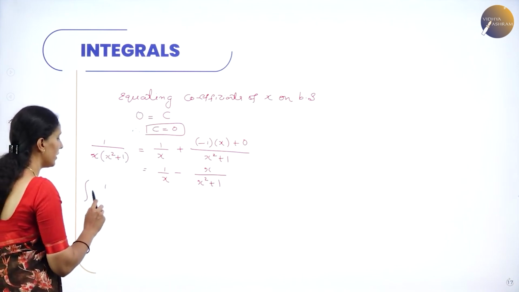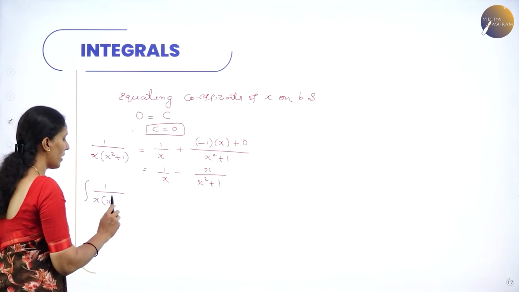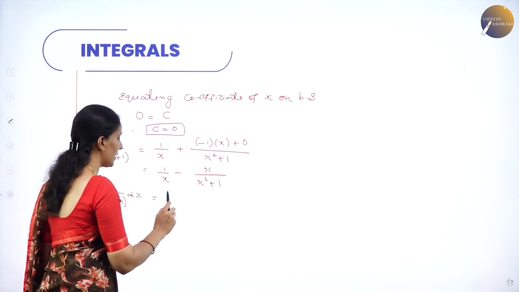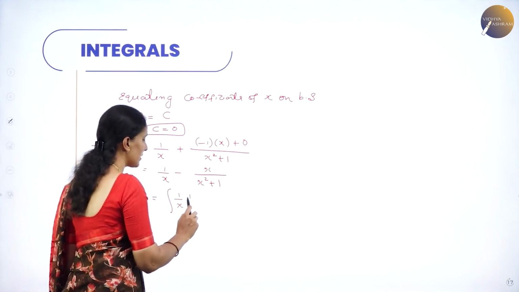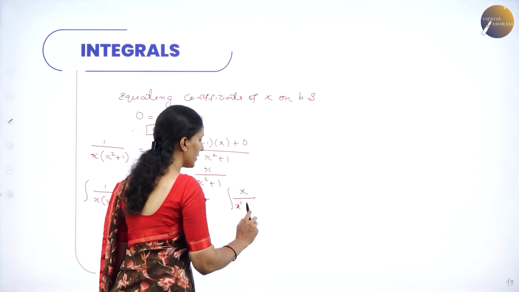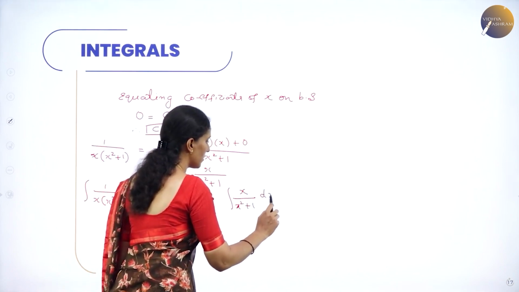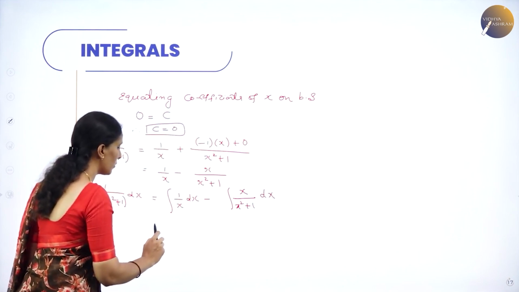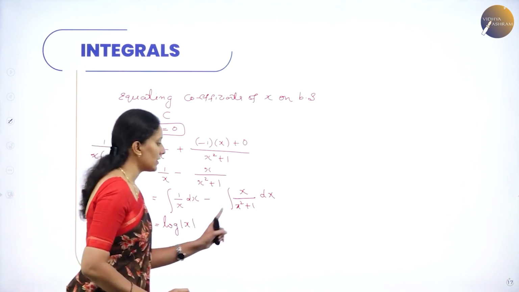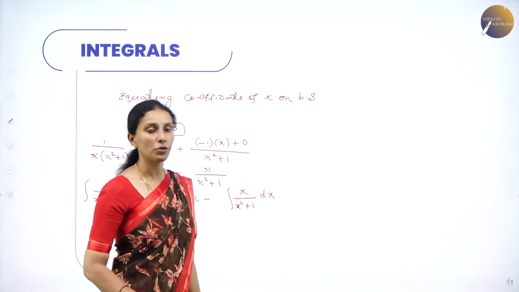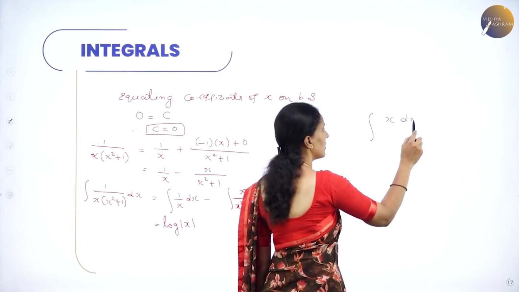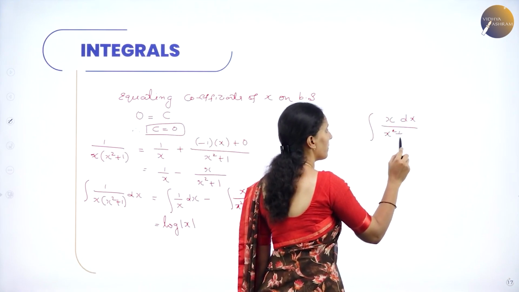So integrating 1 by x into x square plus 1 with respect to x, let us integrate it separately: integral 1 by x dx minus integral x divided by x square plus 1 dx. The first one clearly you can write in the form of log x. For the second one, use the substitution method. We have the integral of x dx by x square plus 1.